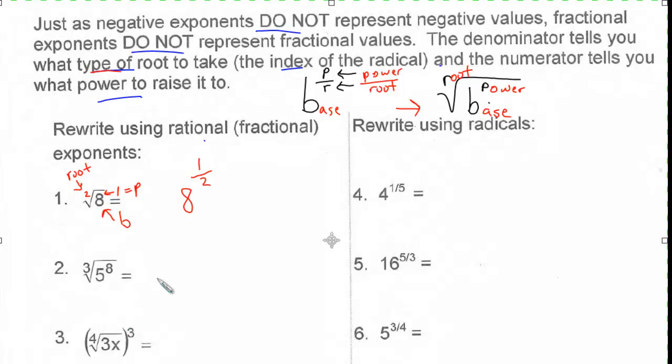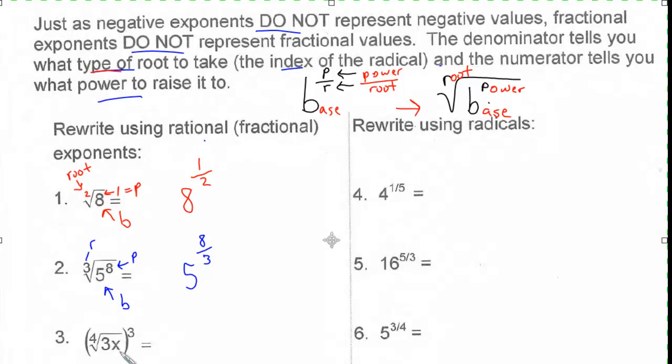Number 2. The base is 5, the 8 is the power, and the root is 3. So it's the base, and then the exponent is the power, 8, divided by the root, 3.